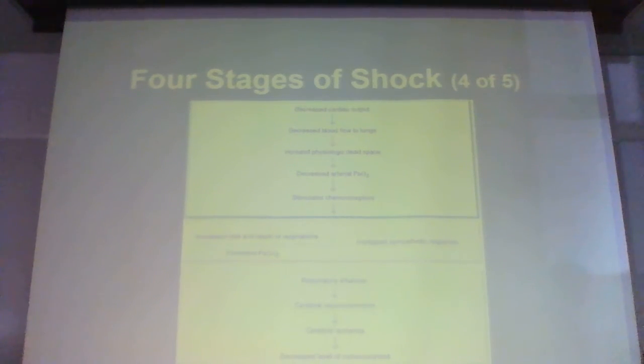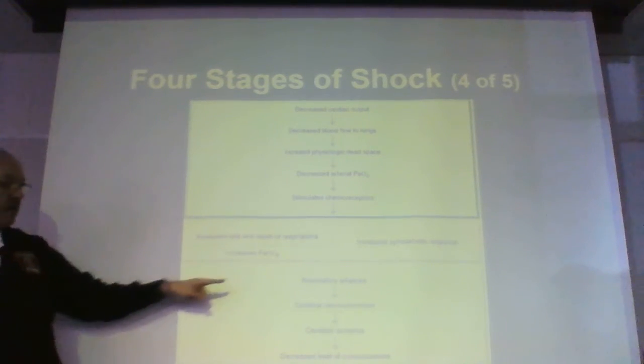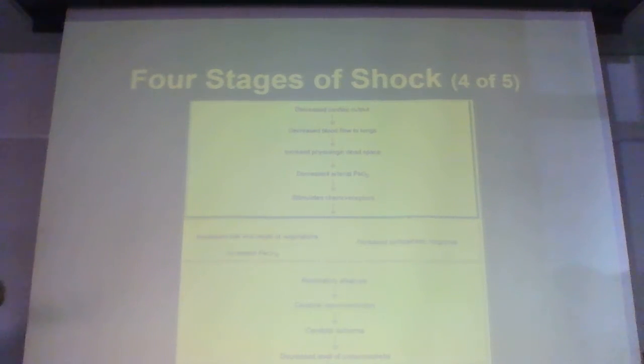So there's CO2 in there, but we're not getting the oxygen in there. So our CO2 is building up. Our oxygen's going down. Okay? We start breathing faster because of the sympathetic response. This causes what? Respiratory alkalosis.